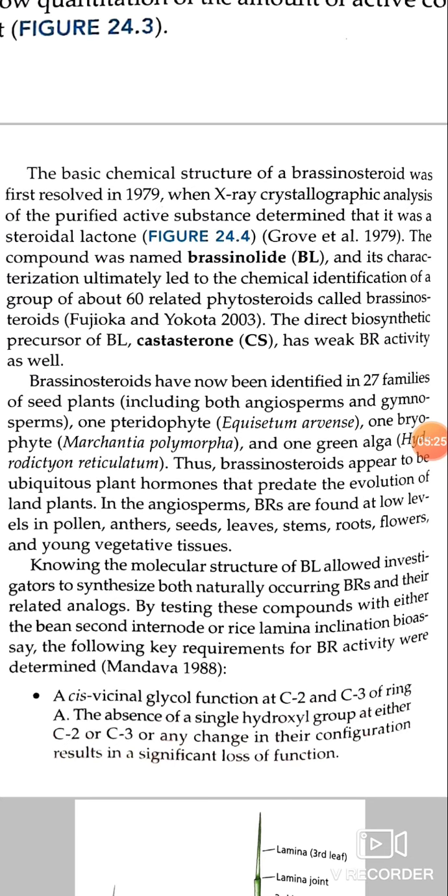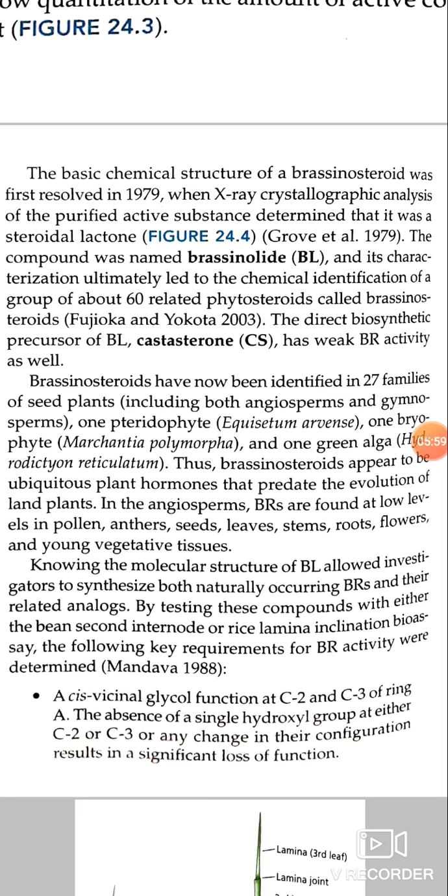Knowing the molecular structure of BL allowed investigators to synthesize both naturally occurring brassinosteroids and their related analogues. By testing these compounds with either the bean second internode or rice lamina inclination bioassay, the following key requirements for BR activity were determined.